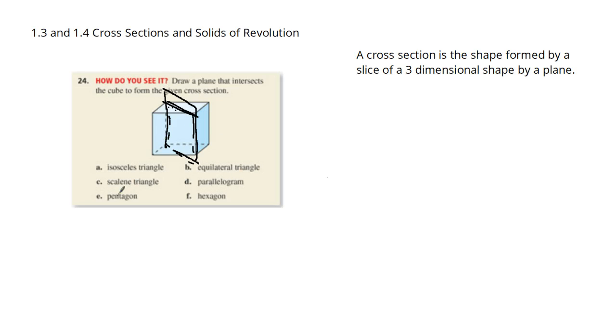And if you want a pentagon, I honestly don't know how you are supposed to get a pentagon, but you can kind of cut like this. Actually, that'll give you something more like another parallelogram.